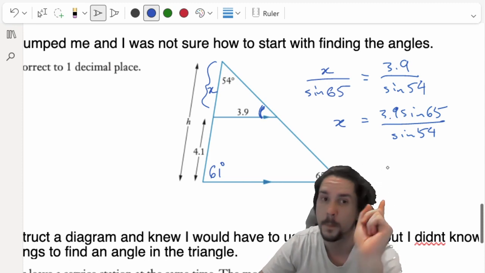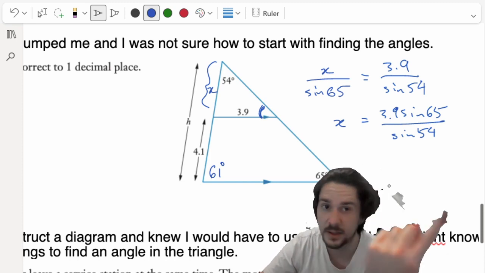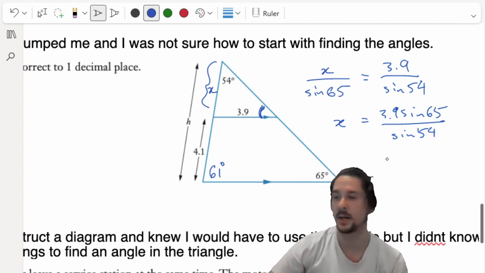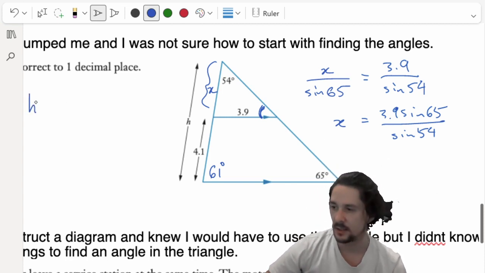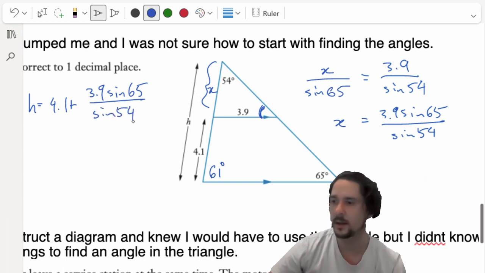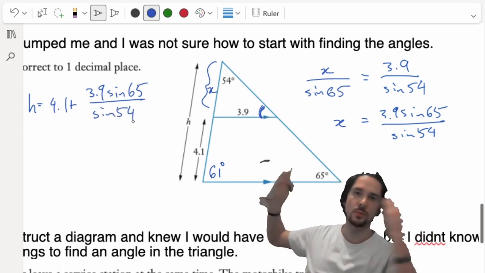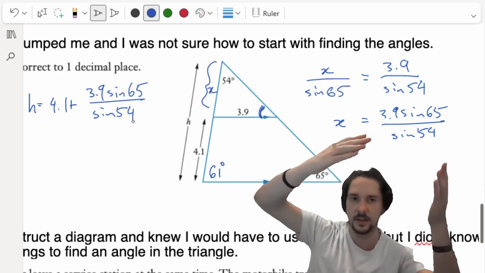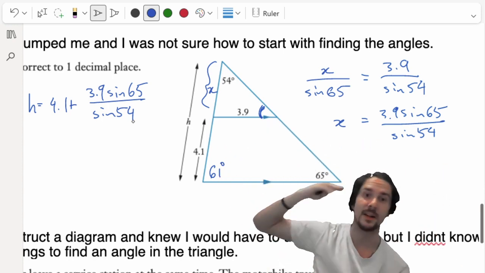And then, remember, we do everything in one step. So what I'm going to put in my calculator is h equals 4.1 plus 3.9 sine 65 over sine 54. You might be like, oh, Lucien, that's so much writing. Why don't I just calculate this and write in what it gives me?